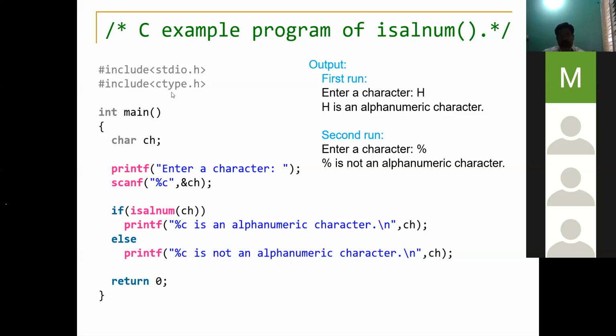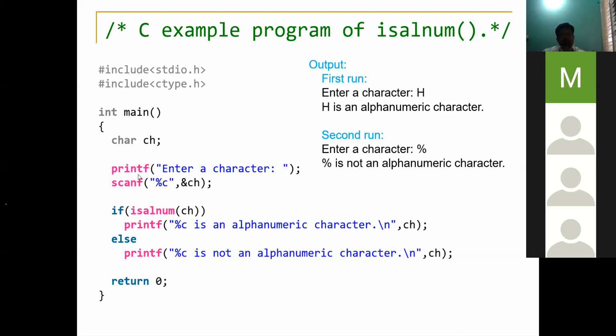The second one is ctype.h. The ctype is included so that we are using isalnum. Is alphanumeric is a function that we are using here in this program. So for that function to be recognized by my compiler, it needs ctype.h.